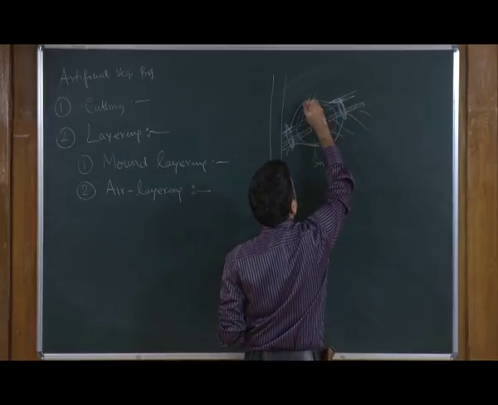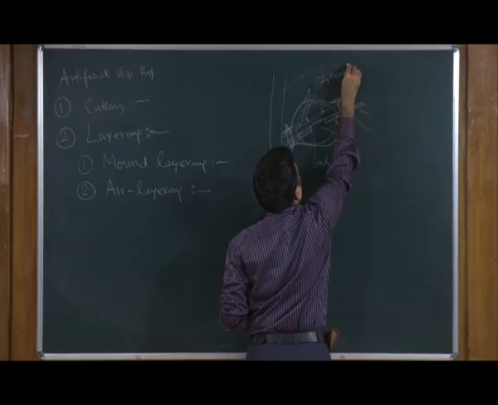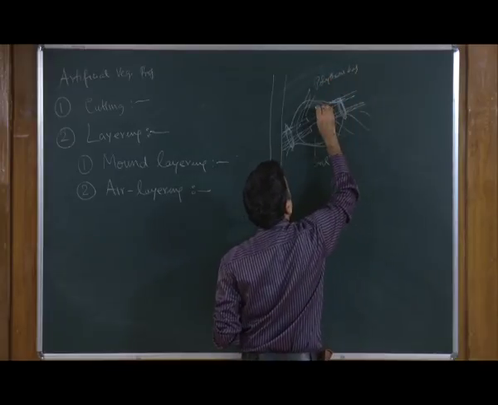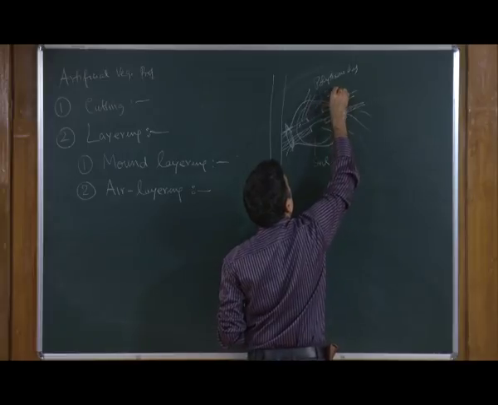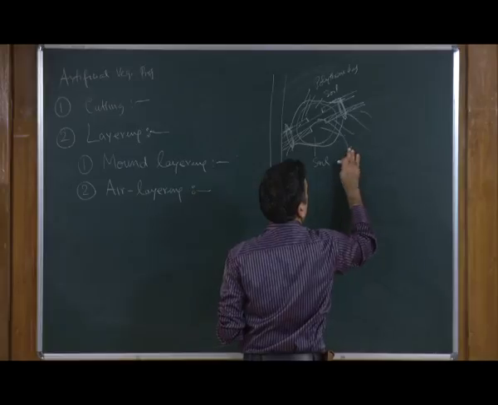So this is the polythene bag, and this is the soil, and this is the gap, or the air layer.